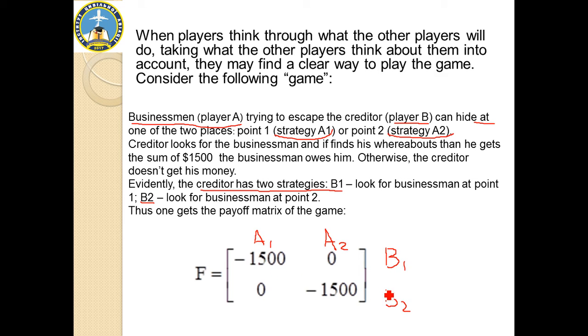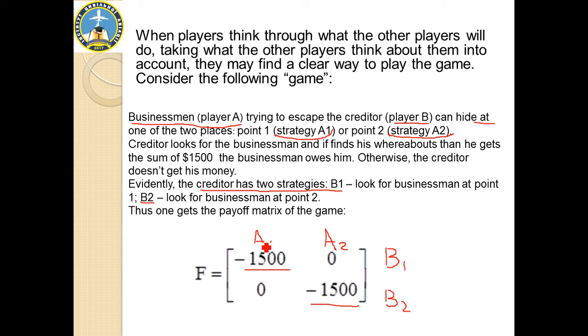But if the creditor picks strategy B2, the businessman doesn't lose his money, and the creditor doesn't get the money the businessman owes him. The same goes for option 2, hiding at point 2. So there are two combinations of these pure strategies when the businessman loses his money, or the creditor gains his money from the businessman.